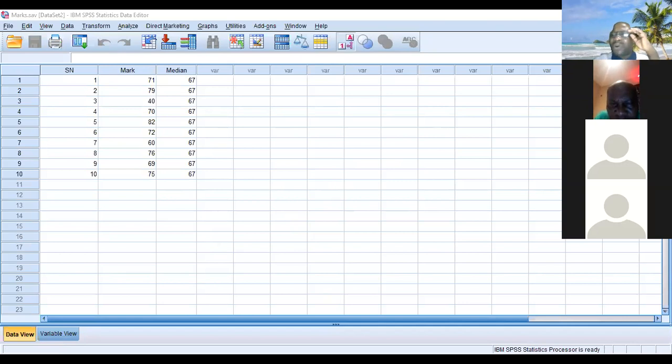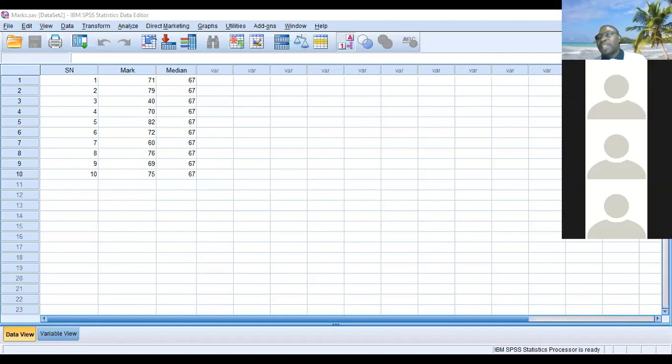Just like the other one, this one is not significant also. Look at the T. The T is 0.634. It is easy for you to run because they have done the program. And look at the confidence interval. It crossed 0, so it cannot be significant.